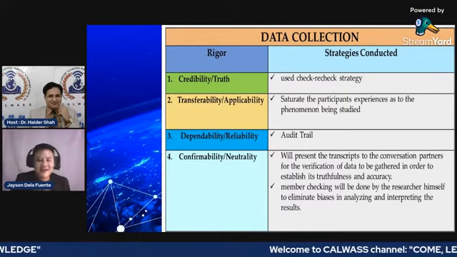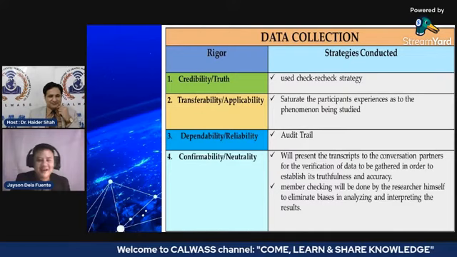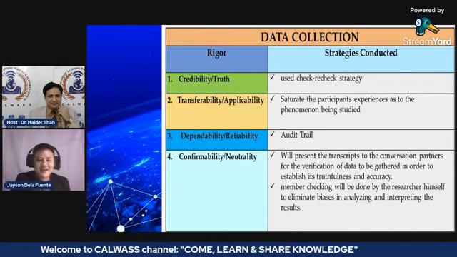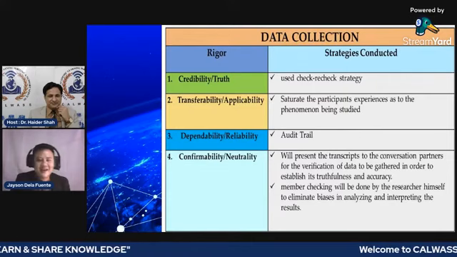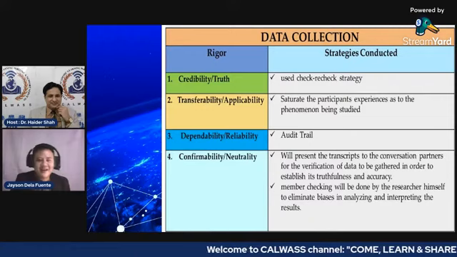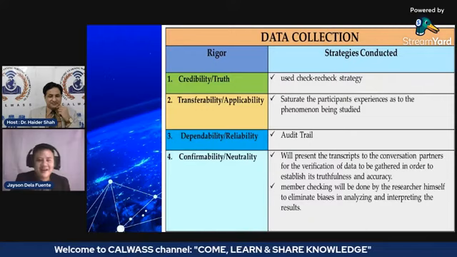From listening, we check it in our transcription if it is correct or not, and we listen repeatedly, many times, in order to really capture the responses of our individual participants.